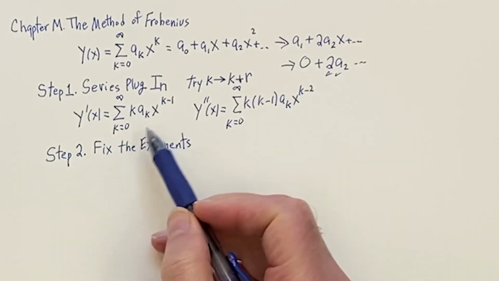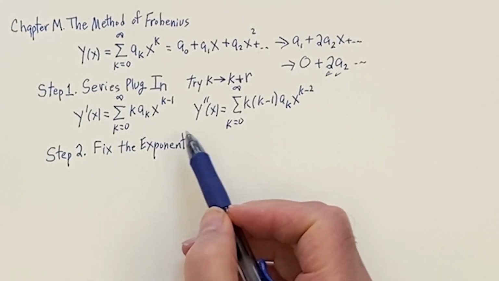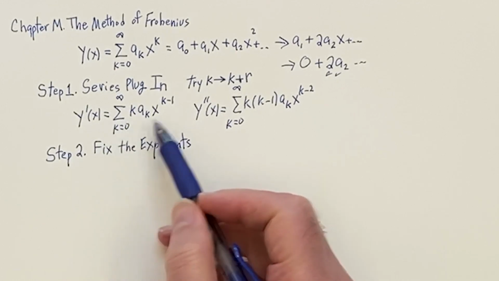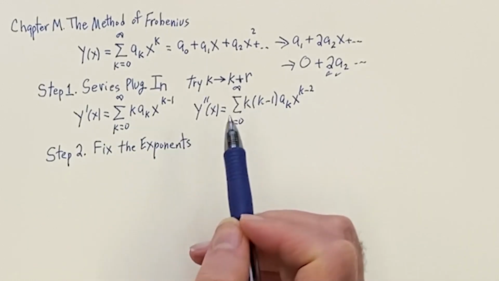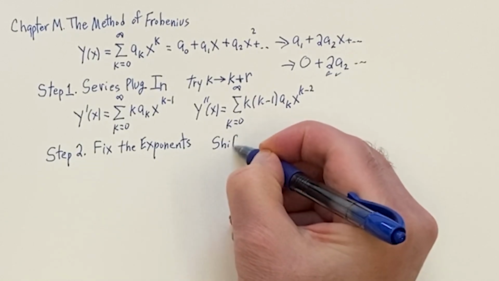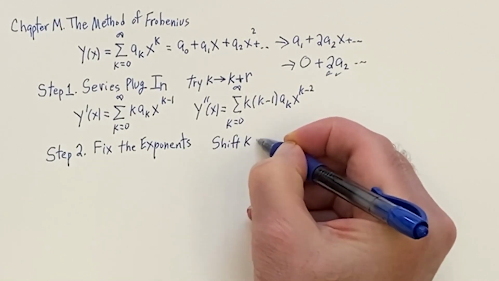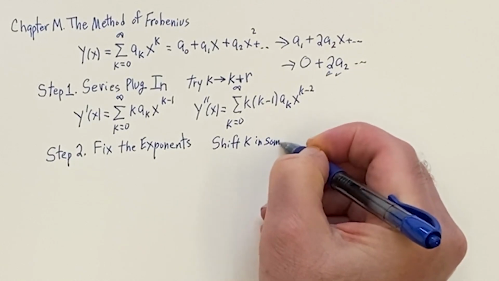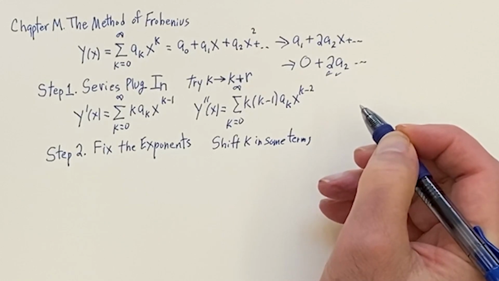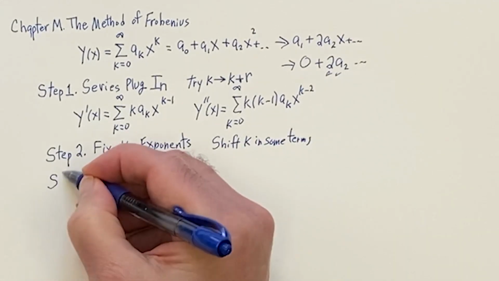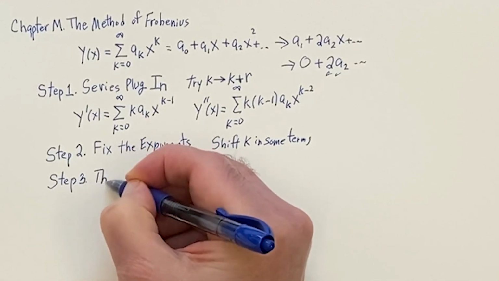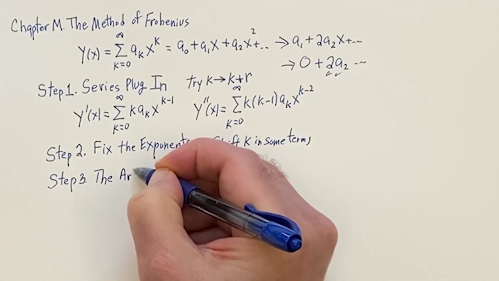So you want to pick, let's say, redefine the index, the summation index, so that the k powers are going to be the same. And I'll show you that by example. I'll show you how to shift k in some terms to make it work. Then step 3 will be the arbitrary argument.